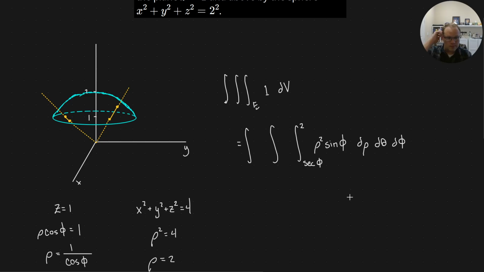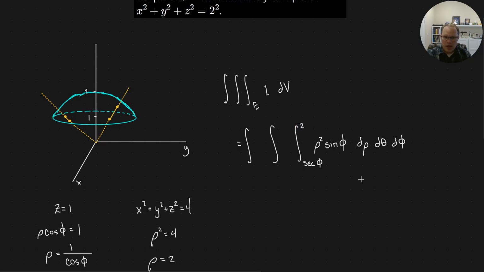Okay? So for every strand that hits that volume, starting at the origin, going outward, holding theta and phi fixed but letting rho change, it's going to start by hitting the edge of this plane, rho equals secant phi, and then exit through the sphere, which can be described by rho equals 2.